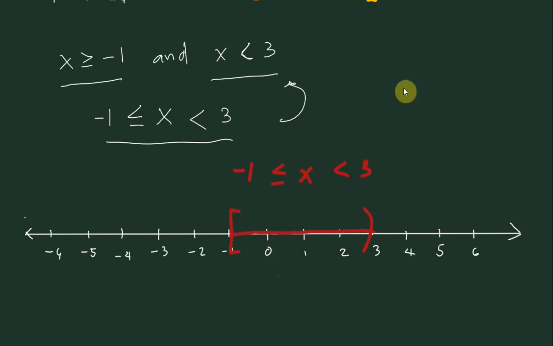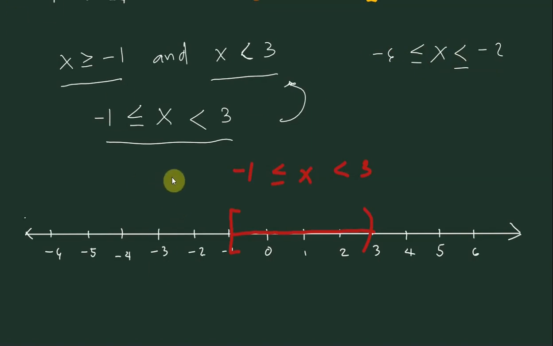Let's give another example. Let's say x is lesser than or equal to negative 2, and greater than or equal to negative 6. Let's plot it in the same number line that we have here.